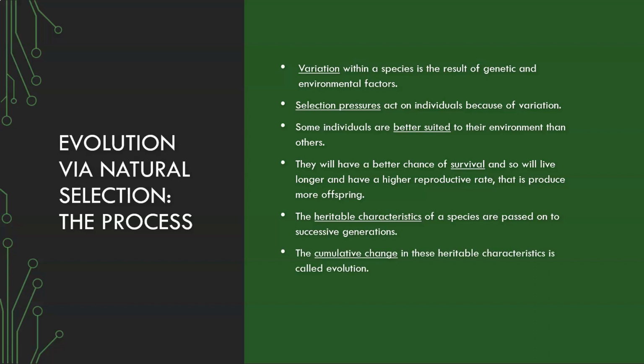Then this cumulative change in the heritable characteristics is called evolution. Okay, so if we think about it, we had those mice, some were creamy colour, some were black. So we had variation.